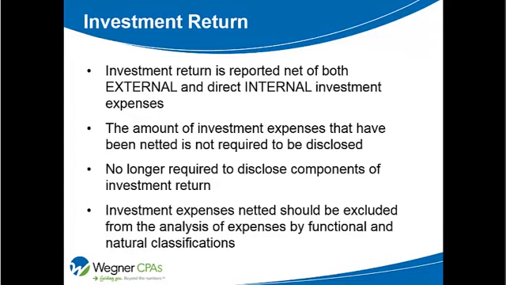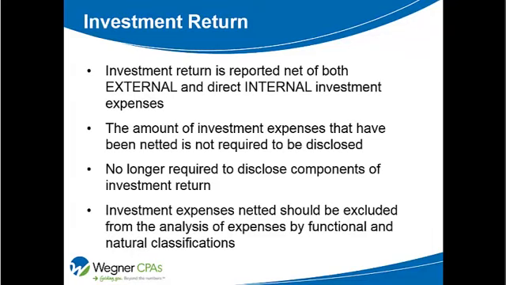So instead of saying that you had a return of $200,000 in your revenue section and then saying, oh, but we also had investment expenses of $50,000 under the expense section, you can now net that and show $150,000 under your investment return.